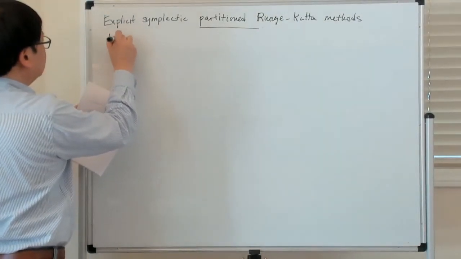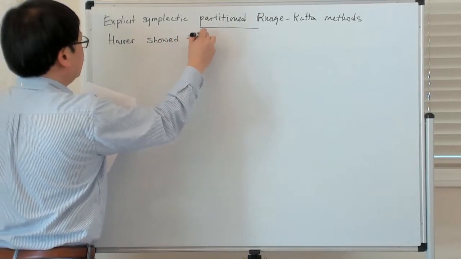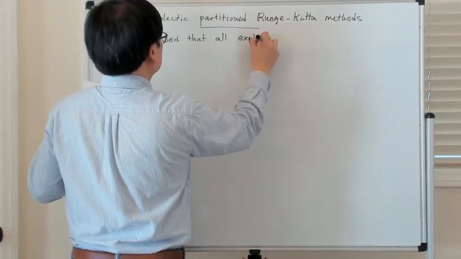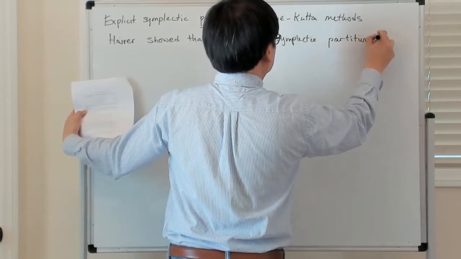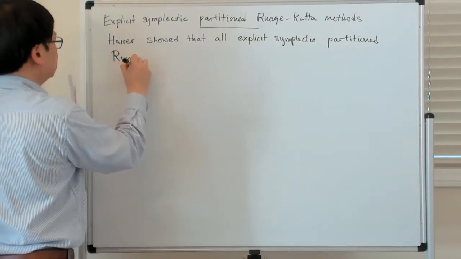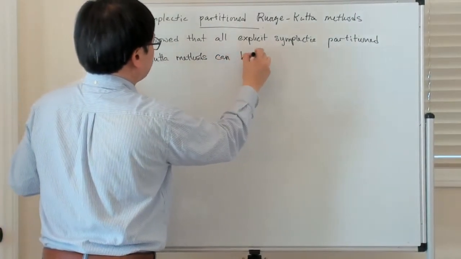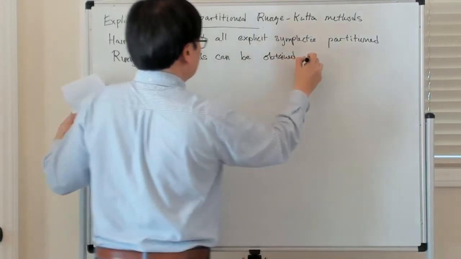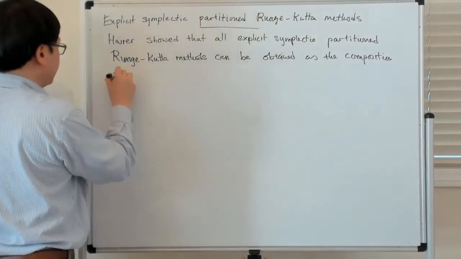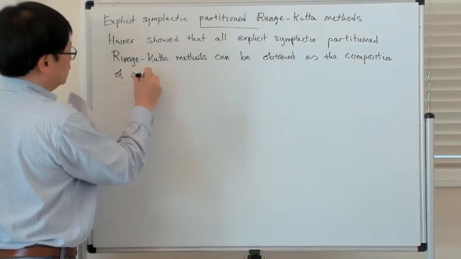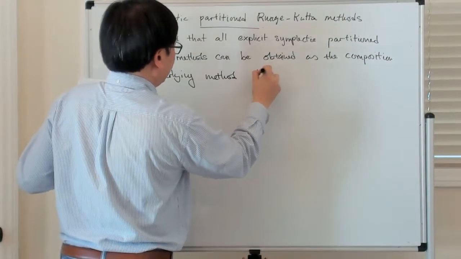So this is Ernst Hairer, who showed that all explicit symplectic partitioned Runge-Kutta methods can be obtained as the composition of an underlying one-step method, which I'll denote F_AB.